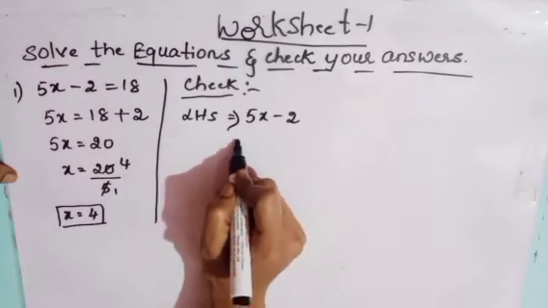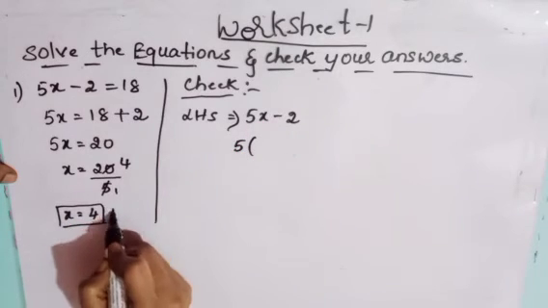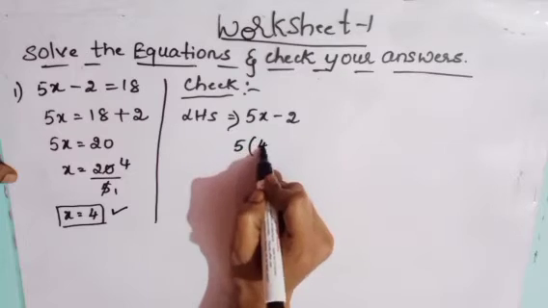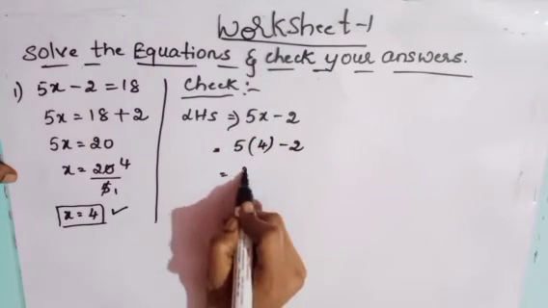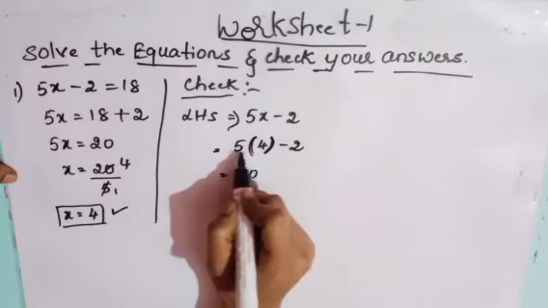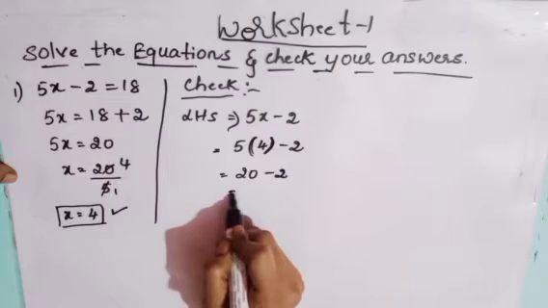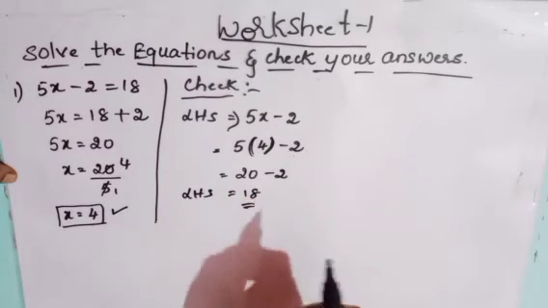Next, write 5 into the value of x that we found, which is 4, minus 2. 5 fours are 20, minus 2 equals 18. Therefore the LHS we got is 18.